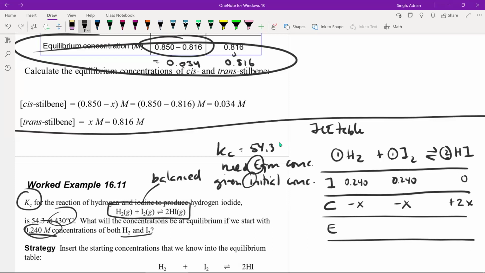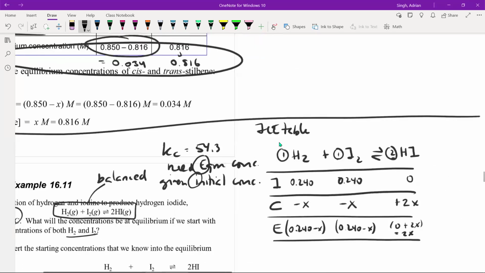Now at equilibrium, we're just going to substitute these into our expression. So we have 0.240 minus x as the concentration of the H2 at equilibrium. Same thing for the I2, it'll be 0.240 minus x. And for the HI, it's 0 plus 2x, which gives us 2x as our equilibrium concentrations.